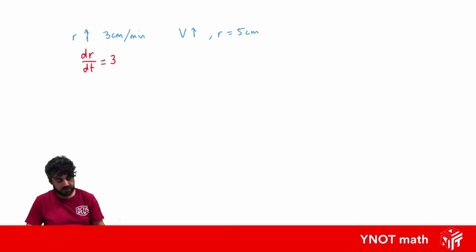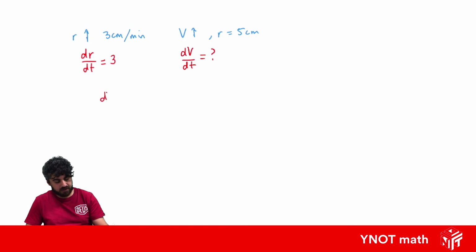This is the rate at which the radius is increasing with time, 3 centimeters per minute. And over here, we want to find the rate at which the volume is increasing. So we want to find dv dt. This is what we want to find.